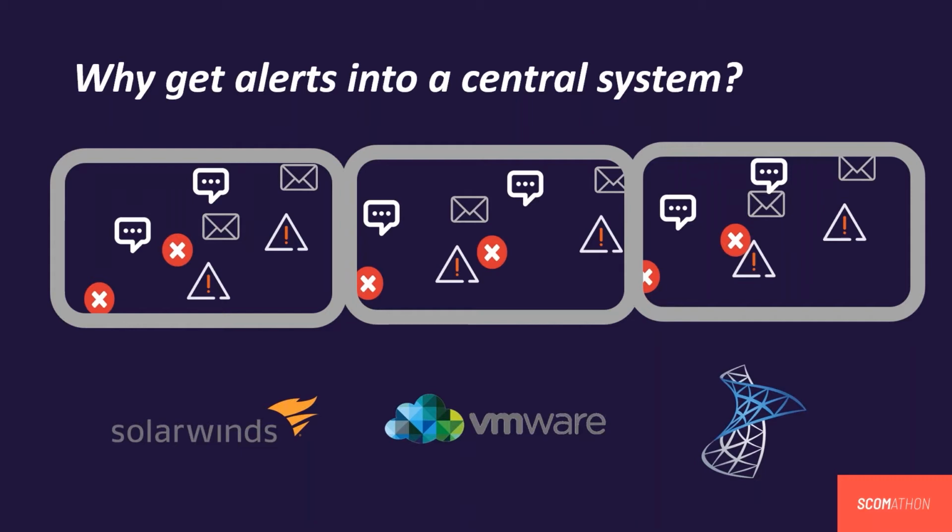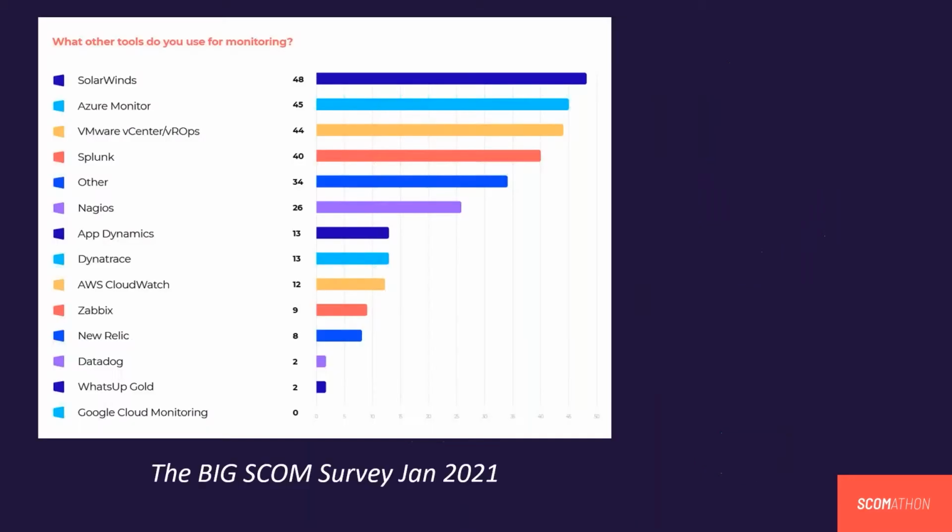So how common is it really that companies have got multiple monitoring tools? Well, I've got some hard data on this from the Big SCOM survey, which we did in January of this year. One of the questions that we asked was, what other tools do you use for monitoring, obviously aside from SCOM? And this is what we got back. The first thing you'll notice is there's a large number of people that have answered.